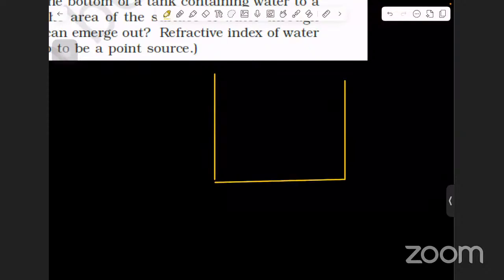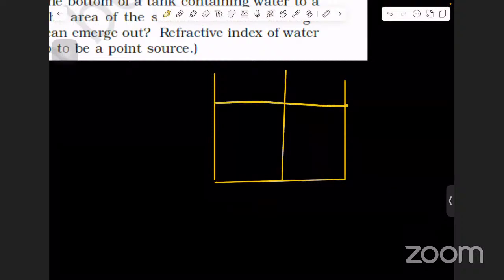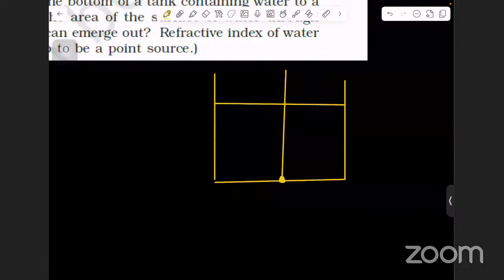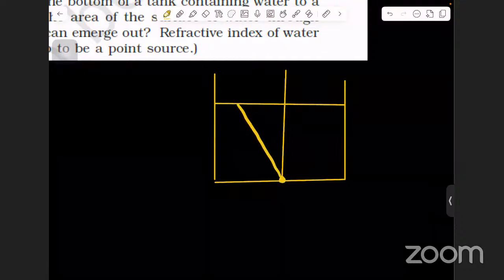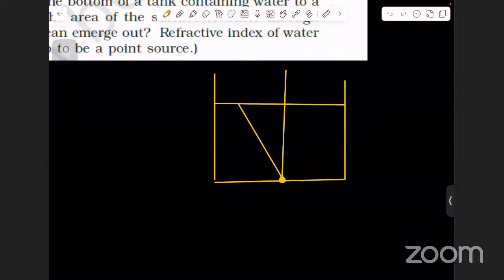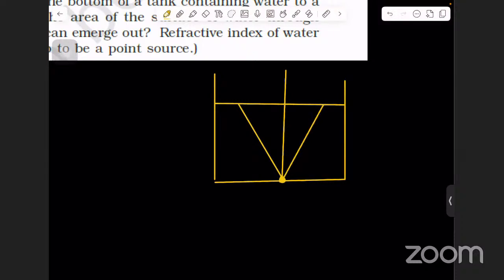In other words, what we have to find is, see, I'll take only that ray which falls at the critical angle on both sides. Okay, so it will get refracted at 90 degrees to the normal, right?